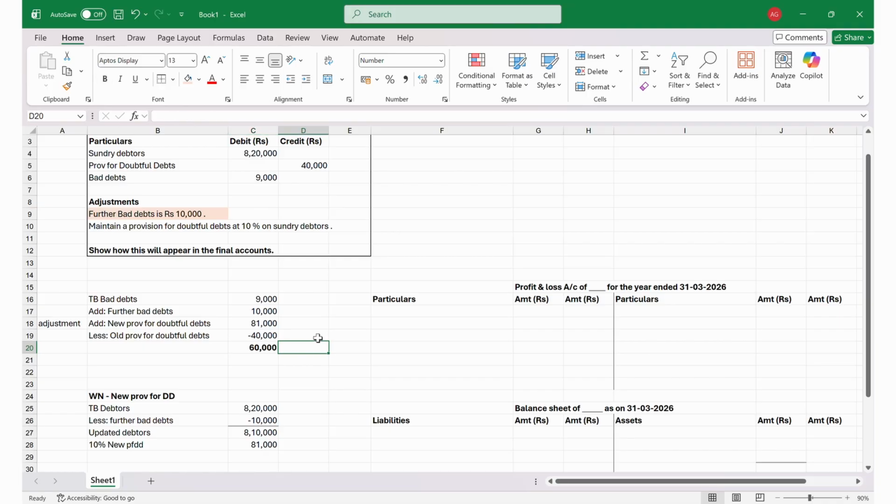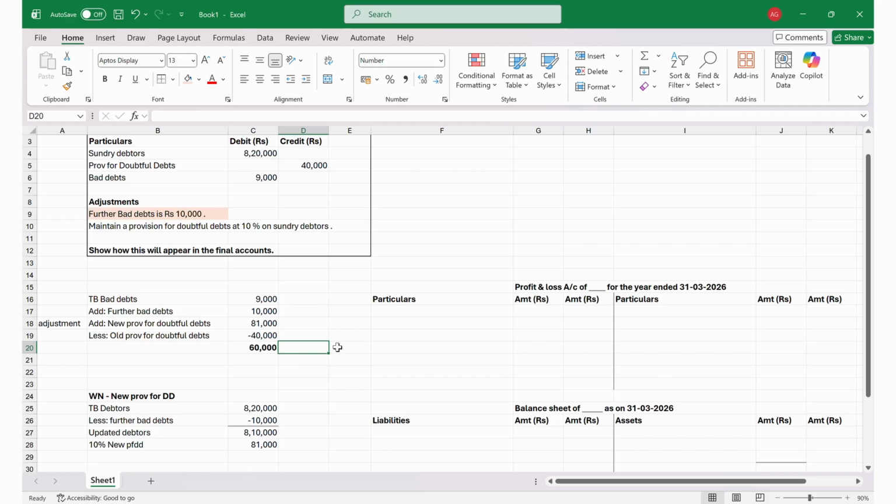In our case the number is positive, therefore it is expense. If you get a negative number, suppose the old provision was an extremely high amount, then the final number will be negative, and in that case this will be treated as income. But in the current question it is just 40,000, therefore the net output is a positive number, therefore treat it as expense.